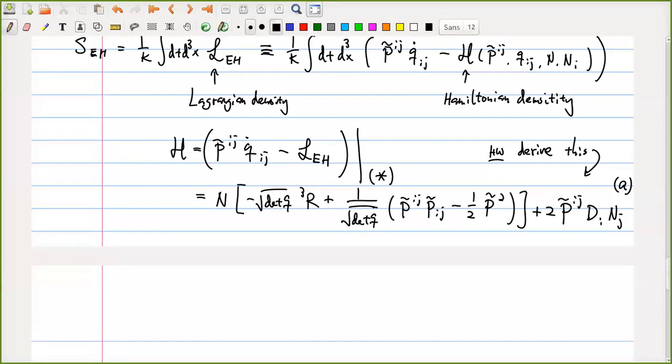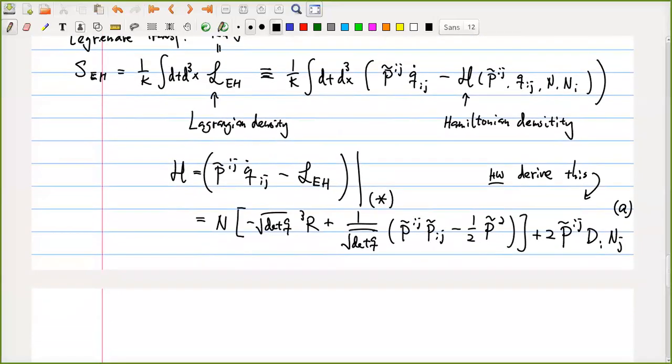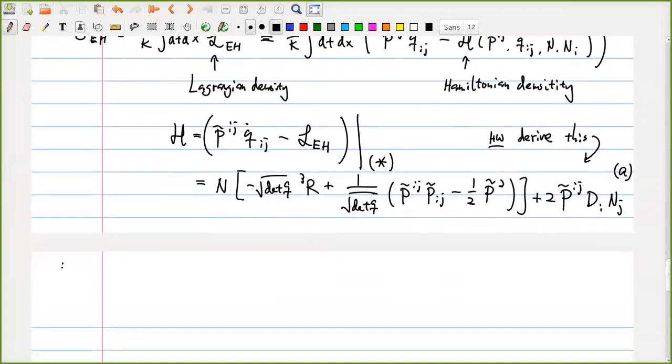Now, this is the Hamiltonian density, and the spatial integration of the Hamiltonian density gives you the Hamiltonian, which I write as H equals 1 over kappa, integrating over sigma d3x the Hamiltonian density.